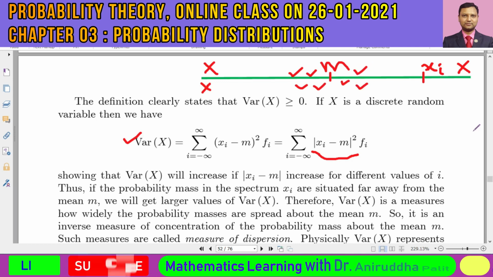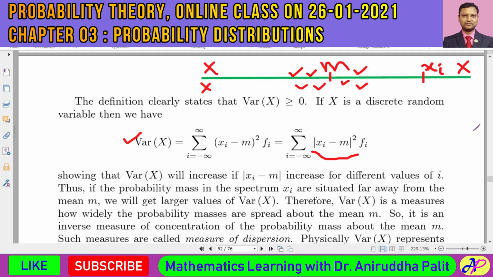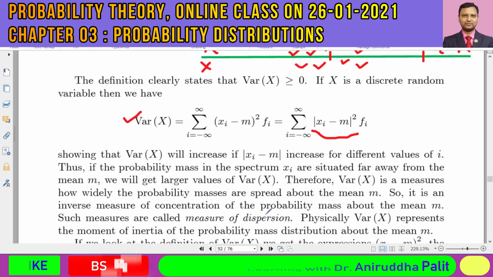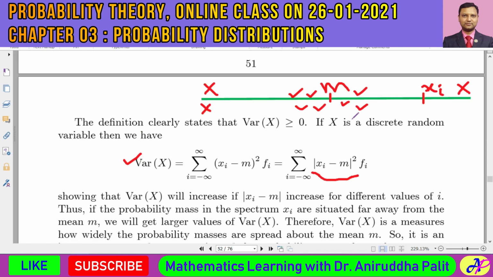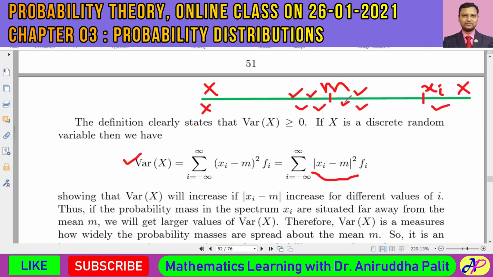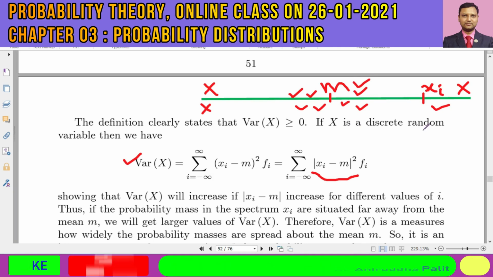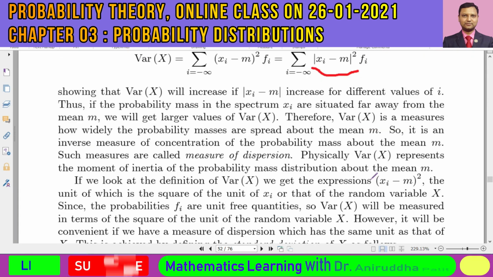This character is called the dispersion property. Dispersion means how widely the xi are distributed about the mean value m. That's why this variance is called the measure of dispersion.